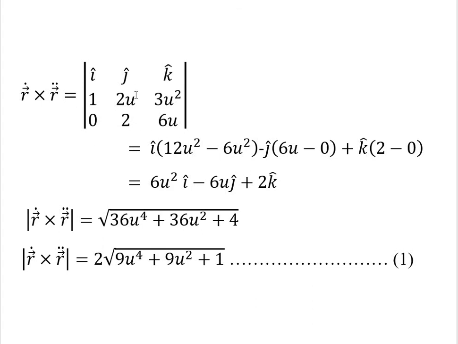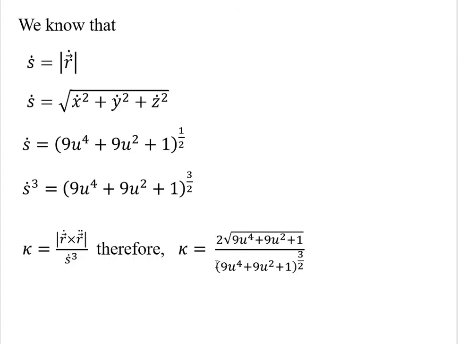After expanding this matrix, we will get the value 6u square i vector minus 6u j vector plus 2k. For the modulus, we take the square root of the squares of the coefficients of each vector.